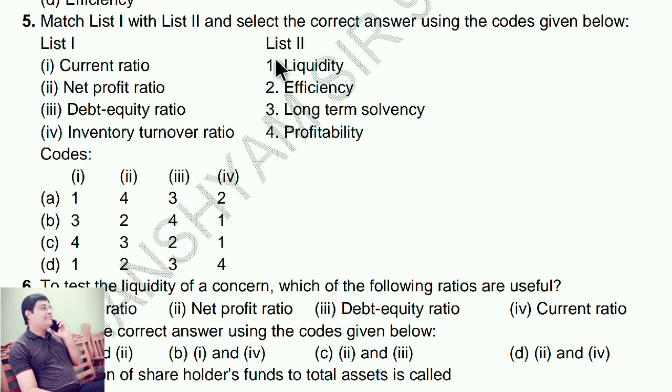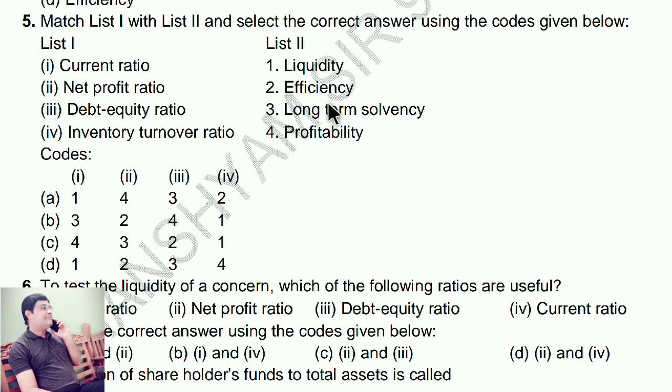Fifth question. Match list 1 with list 2 and select the correct answer using the code given below. So now we'll see the answer. Current ratio, net profit ratio, debt equity ratio, inventory turnover ratio. Opposite this, you have to find the correct pair.